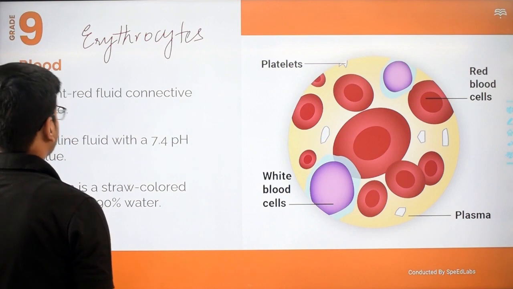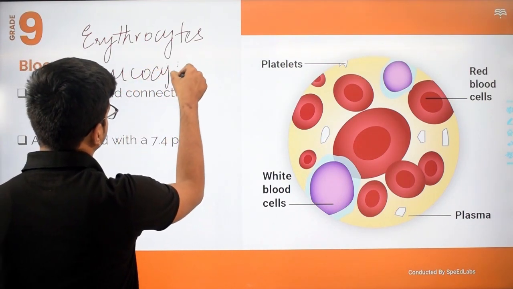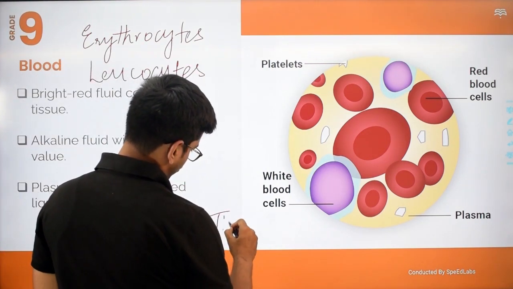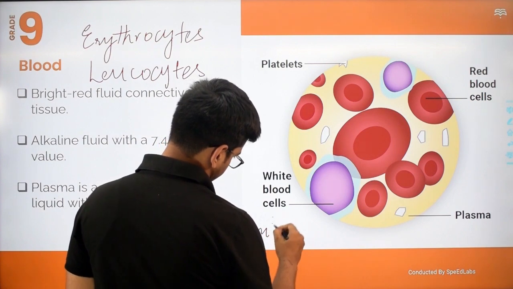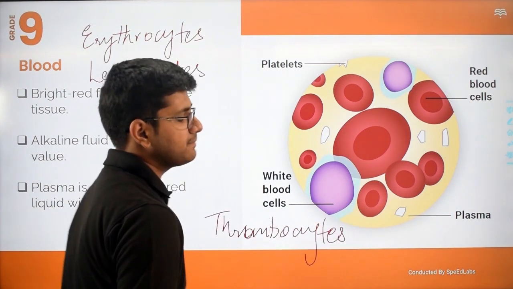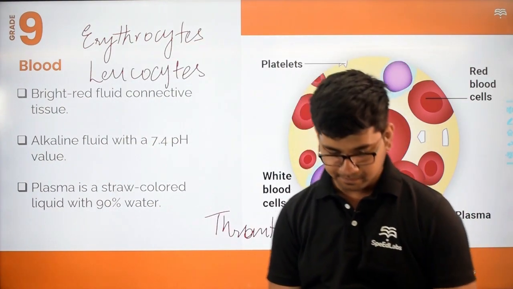The WBCs or white blood cells are known as leukocytes, and platelets are known as thrombocytes. Alright, so we are going to discuss each of these cells in detail later.